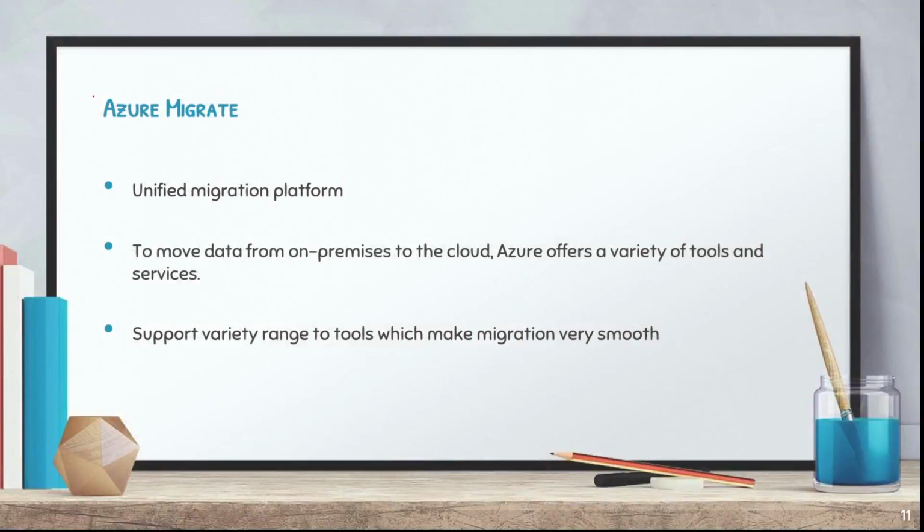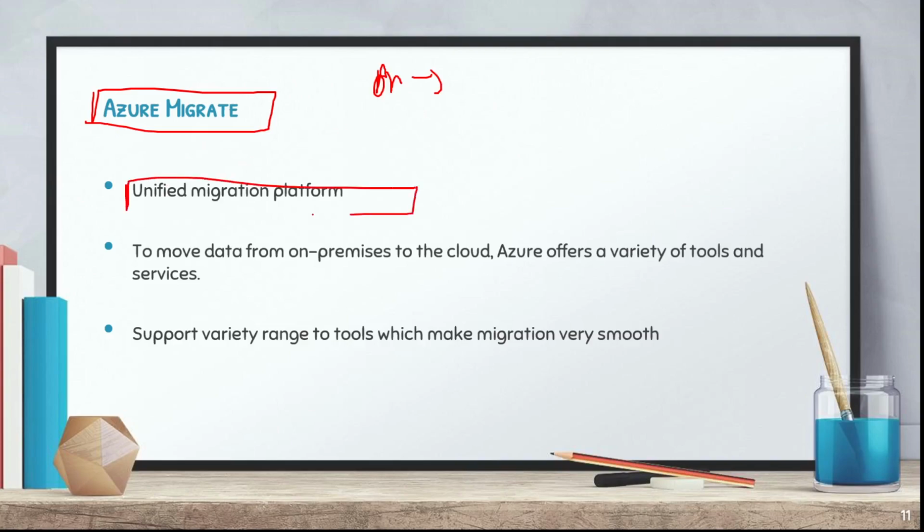So now the next topic is Azure Migrate. To move your data from on-premise to Azure, Azure makes this very easy and convenient. Azure says: please use our migration platform. To move the data from on-premise to cloud, Azure gives a lot of facilities.